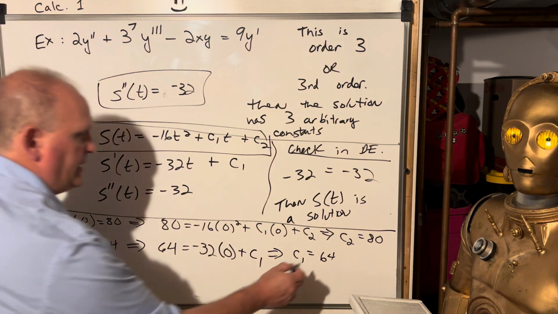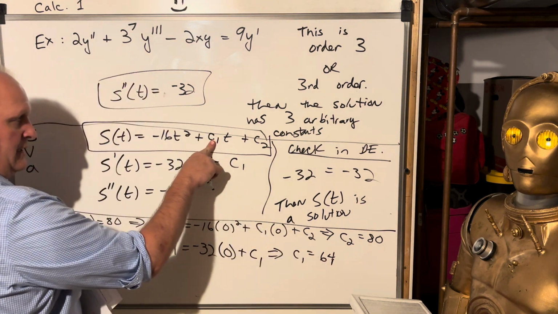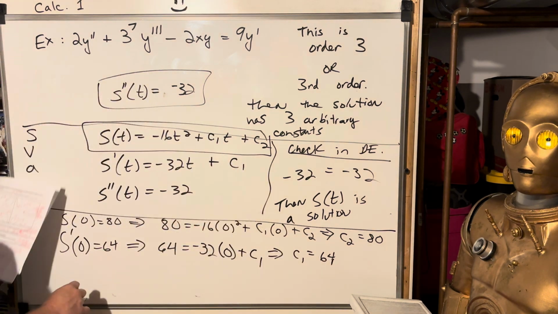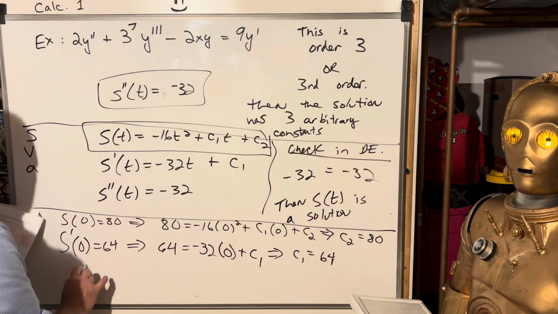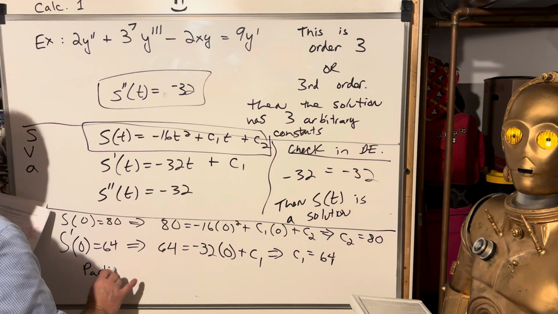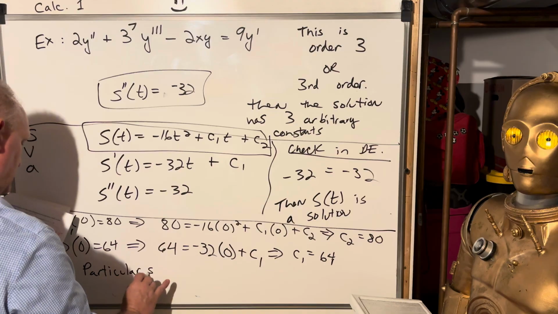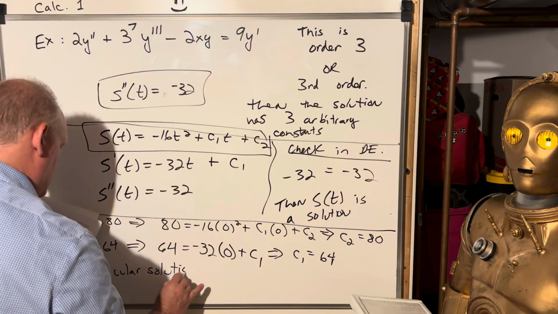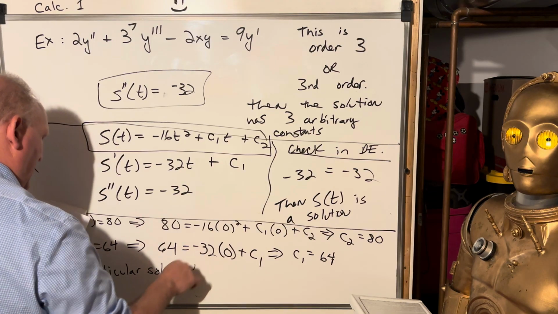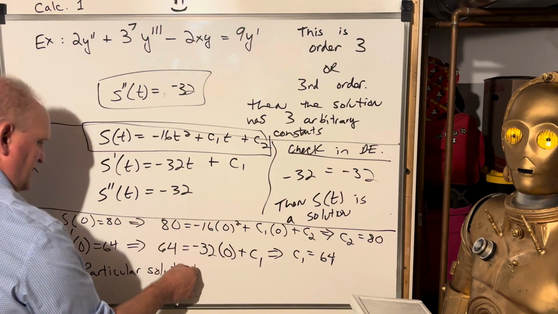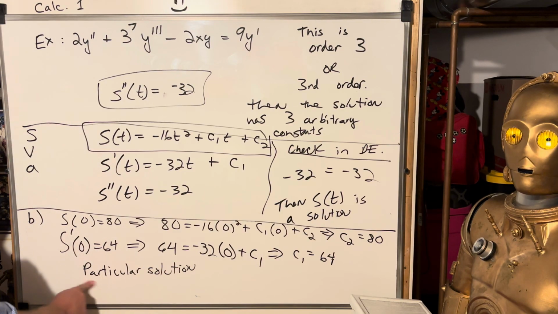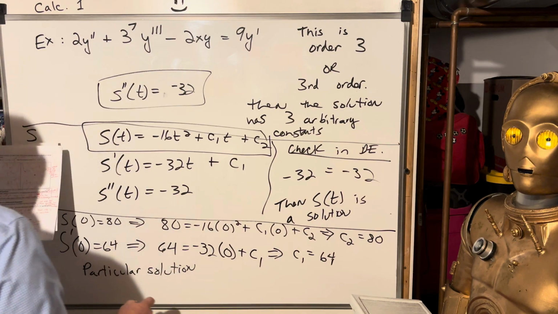So now we have C1 and we have C2. And so now we have a particular solution. I've seen it in other texts also as a specific solution, but this one goes with particular, which is fine.